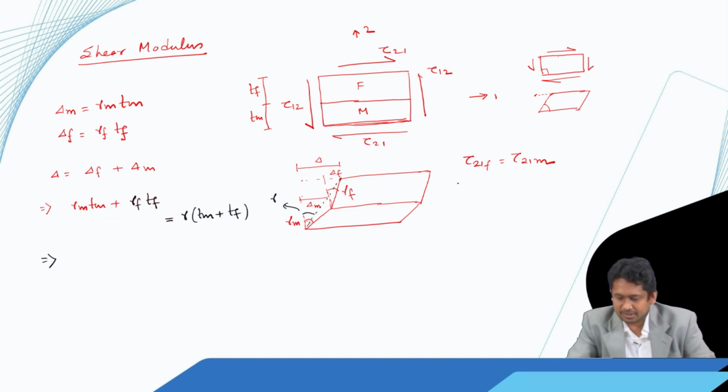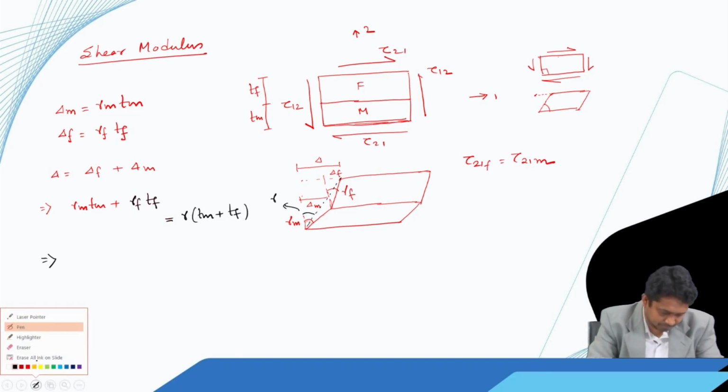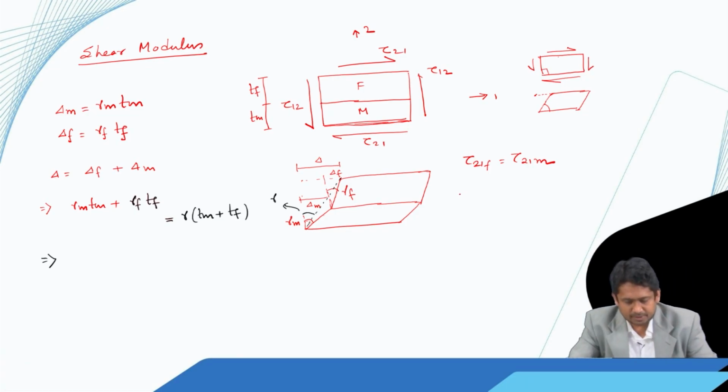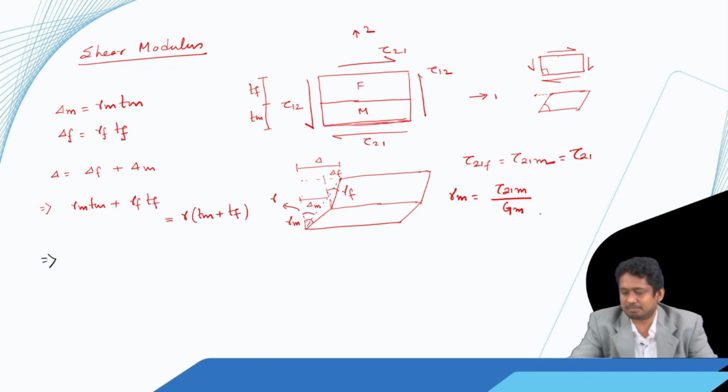Now, gamma m can be written as delta 21 m divided by Gm, that means shear stress divided by shear modulus of the matrix, and tau 21 f is equal to tau 21 m, let us call it tau 21.